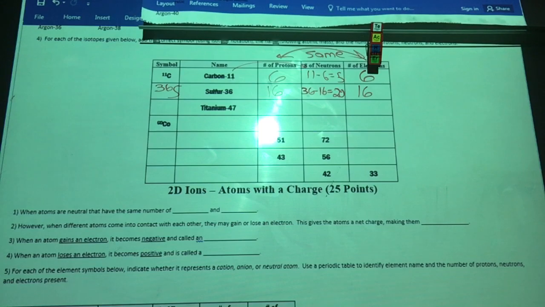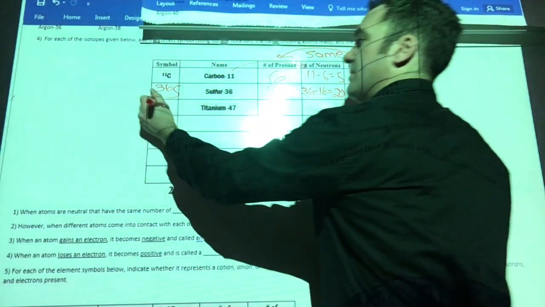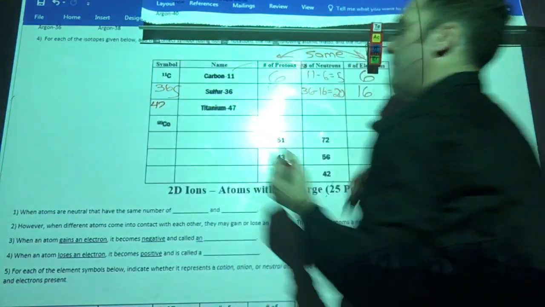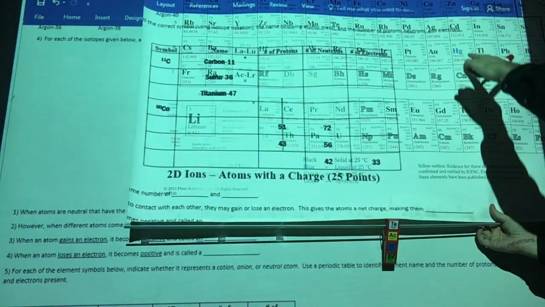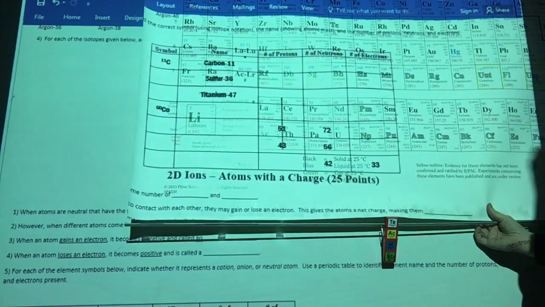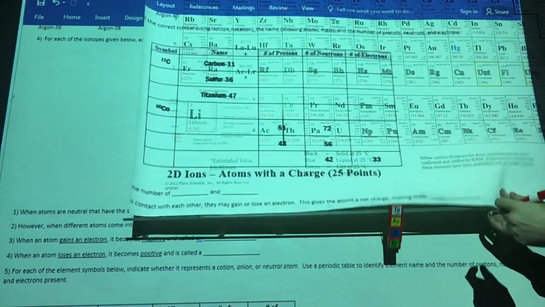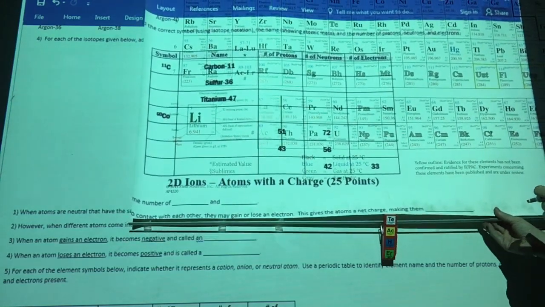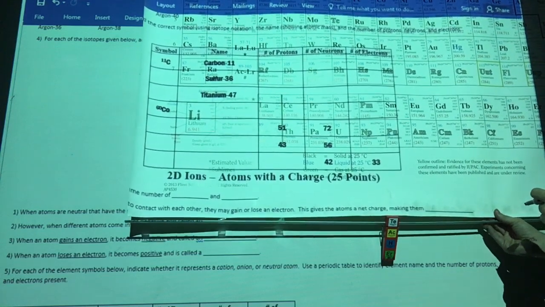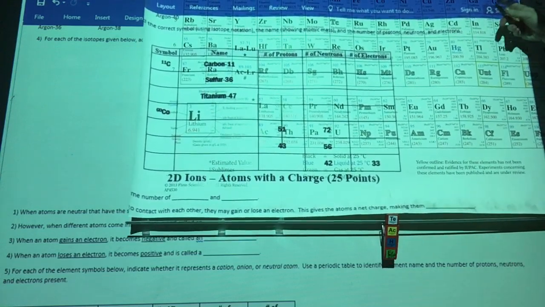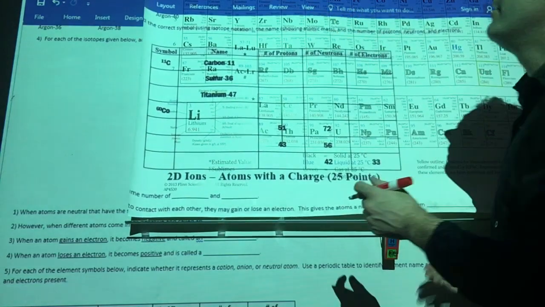All right, you think you'll get this? All right, here, that 47 goes on top. I've got to find titanium. Number 32. Awesome, thank you. It's in the fourth row. Wait, 32? 20? Okay.